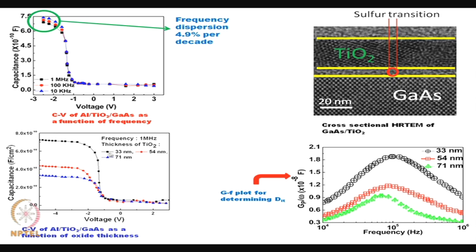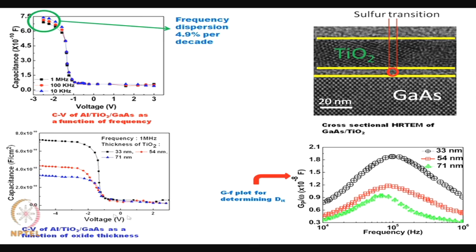These are the CV characteristics, like the earlier one at different frequencies, but here we have used different thicknesses of TiO2. 3 thicknesses we have used: 33 nanometer, the black one, 54 nanometer, the red one, and 71 nanometer, the blue one.